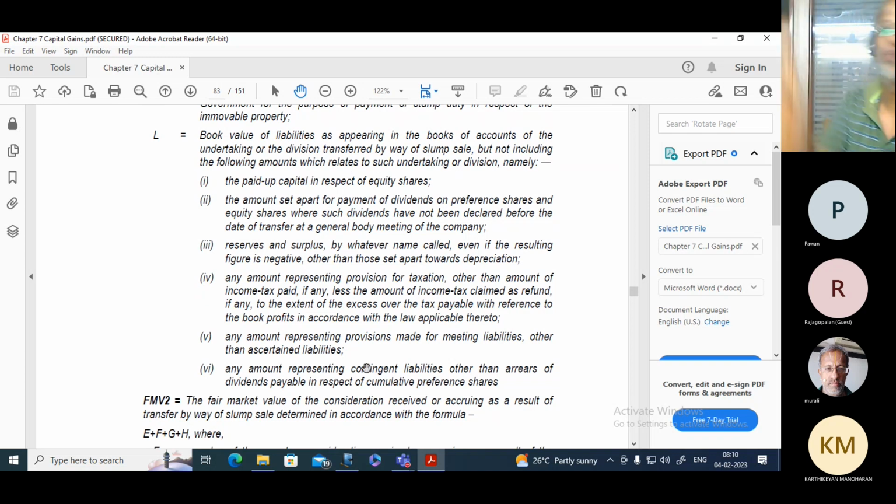These items are not to be included: paid up capital; the amount set apart for payment of dividend on preference shares, this is proposed dividend; reserves and surplus by whatever name you call them; any amount representing income tax provision; provision other than on account of ascertained liabilities and contingent liabilities.